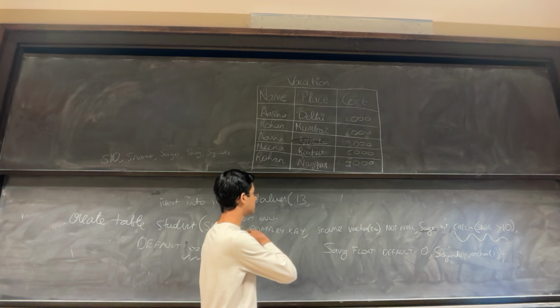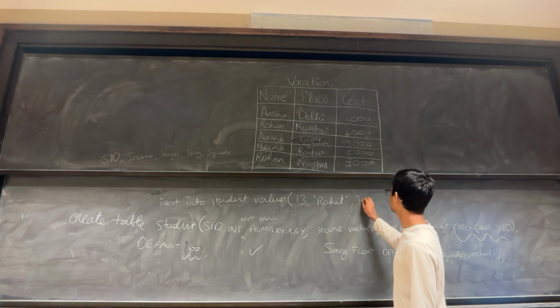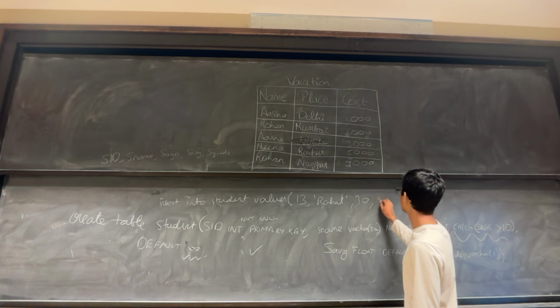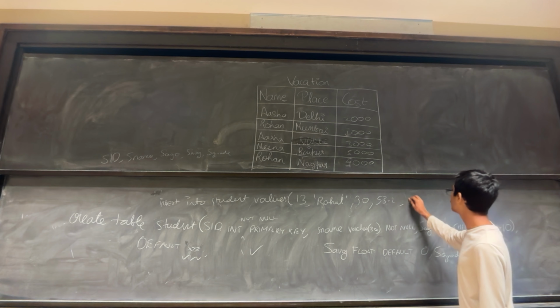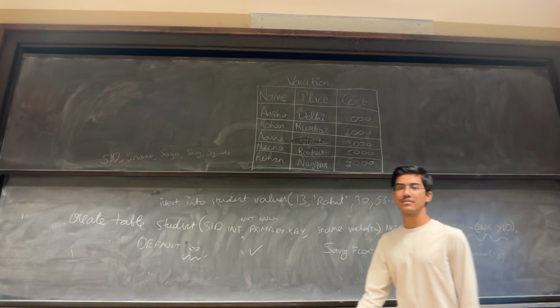Let's say I enter Rahul. Remember, Rahul will be in quotations because it's a string type. Followed by the age, let's say 30. Then I have my average. Let's say his average is 53.2, comma, his grade is D. Close the brackets, insert a semicolon.